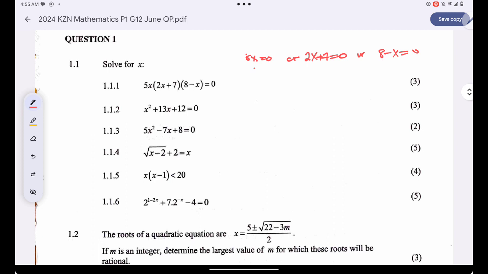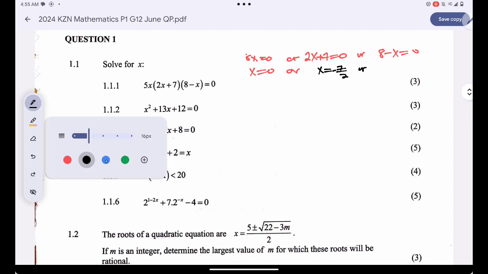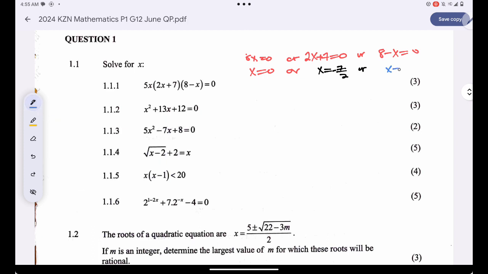For the first one, x is 0, and then for the second one, x is -7/2. Third one, x is equal to 8.